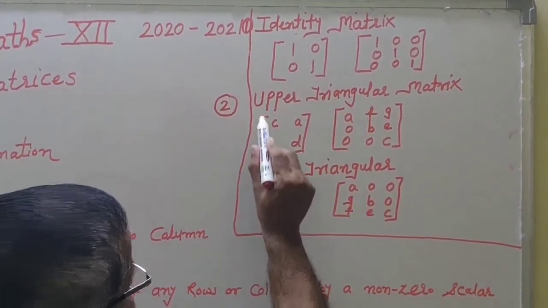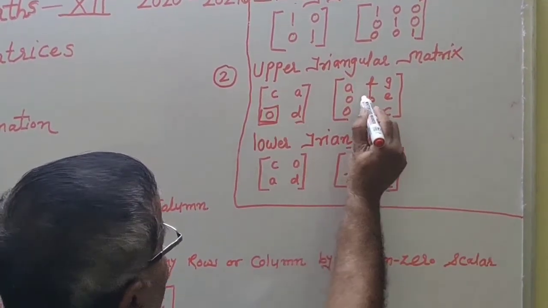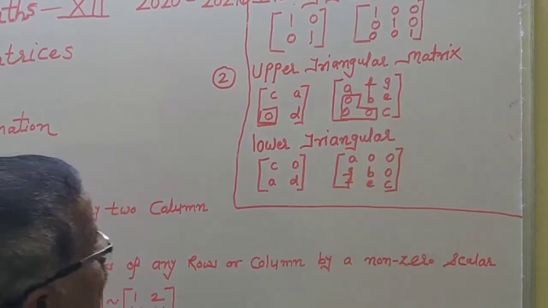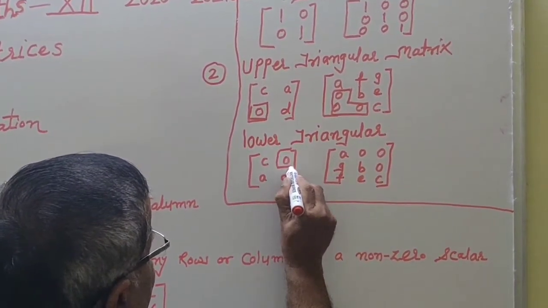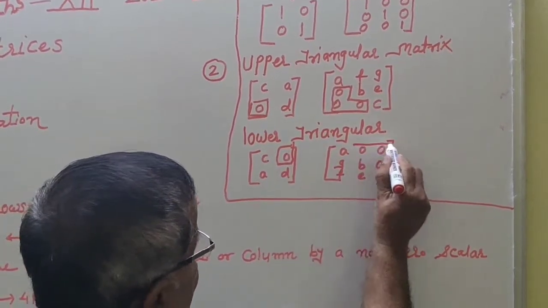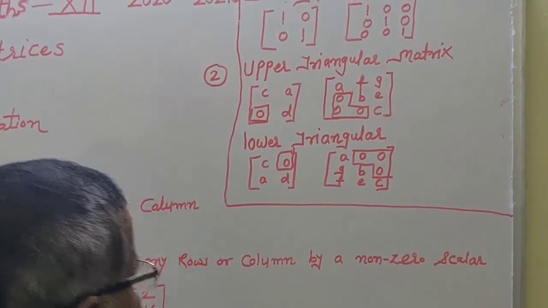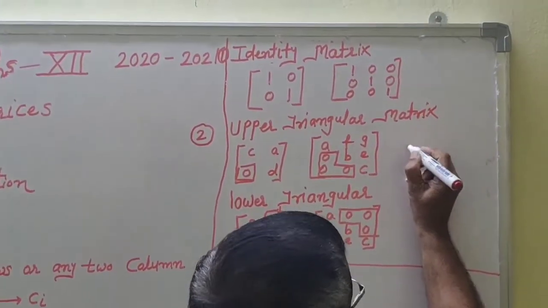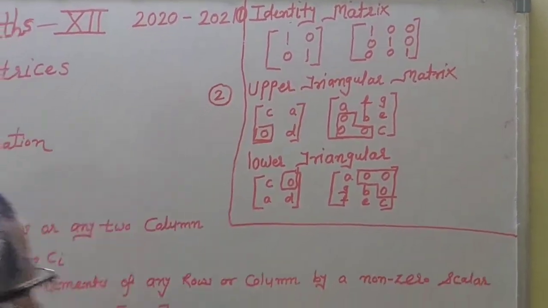Then in an upper triangular matrix, these elements must be 0. Means these 3 elements must be 0 for the upper triangular. For lower triangular, these elements must be 0. So these elements must be 0 by applying the row transformation or column transformation, which is very useful for converting the given matrix into identity.